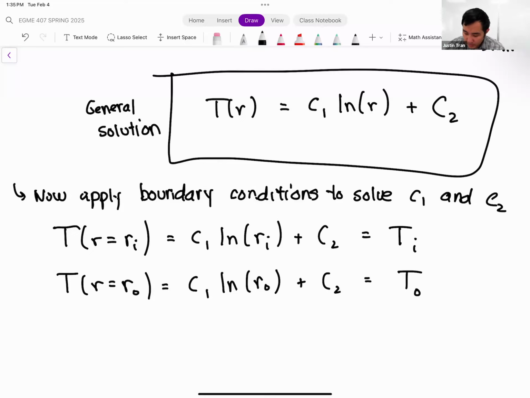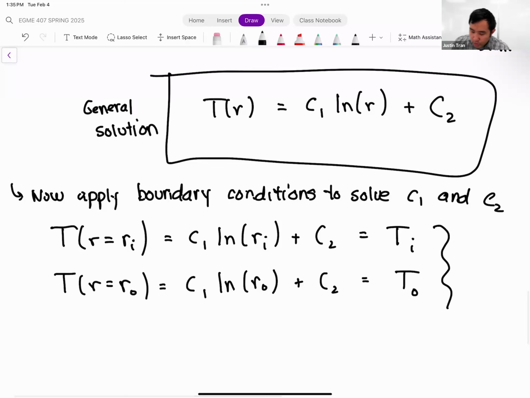Now what this gives us is two linear equations that we can solve for C1 and C2. So let's go ahead and do that. The first thing I see from these equations is that they look very similar. We have a C2 that's just sitting by itself in both equations.